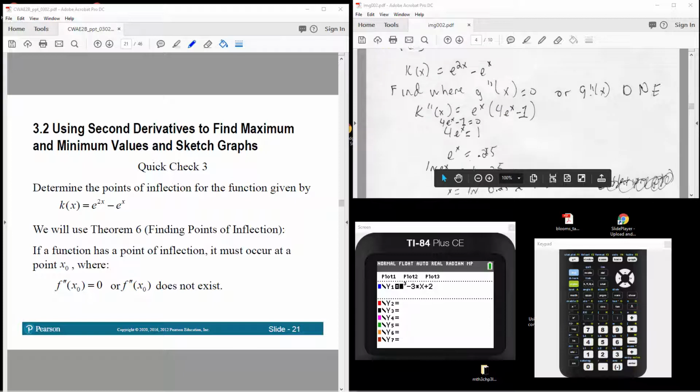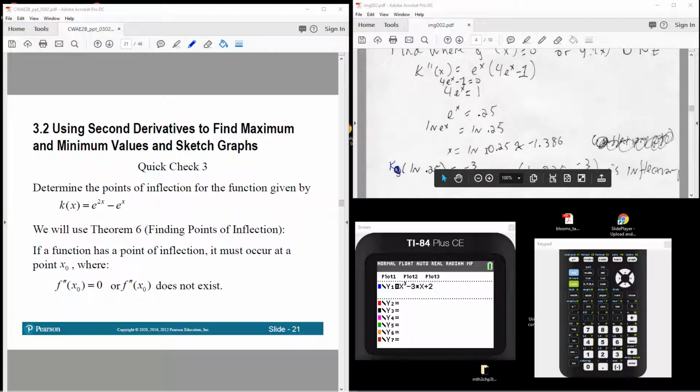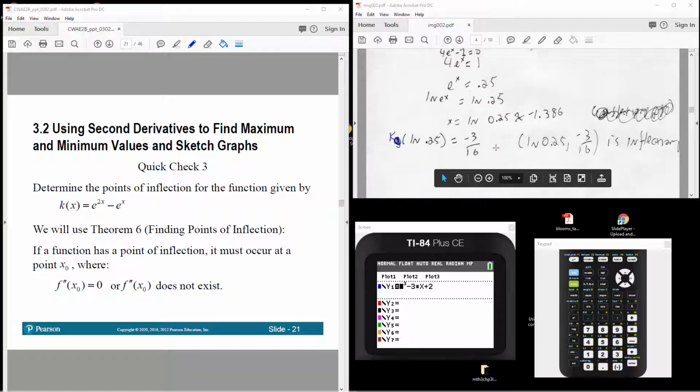Okay, now I take the natural log of both sides, and there's the x coordinate for my point of inflection. The y coordinate is -316. So my point of inflection is at that ordered pair there. This point of inflection is where the concavity changes.